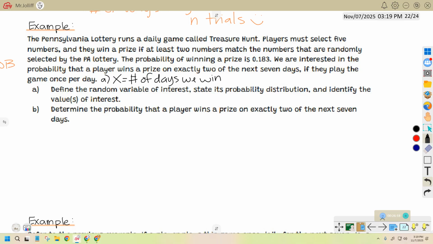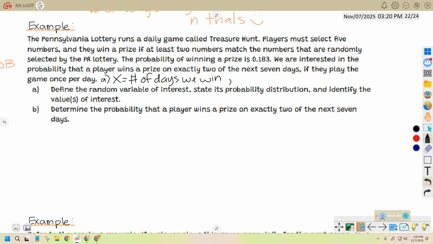Independent. If I won on the first day, does that have any connection to whether I win on the second? No. Number of trials. How many days am I going to play this lottery? 7. Very good. And then what is the probability of winning the lottery on any given day? 0.183, which presumably is the same every day. Good. We check BINS.